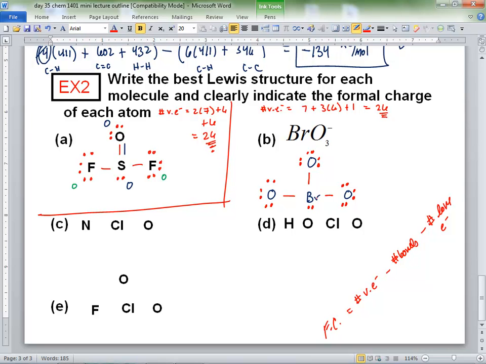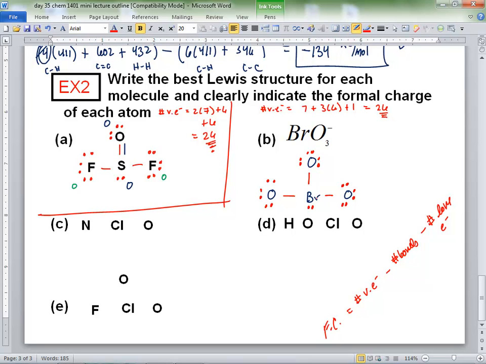My starting point has a lone pair on the bromine, which I think most of you have. You have to have a lone pair on that bromine because you only have 24 electrons.